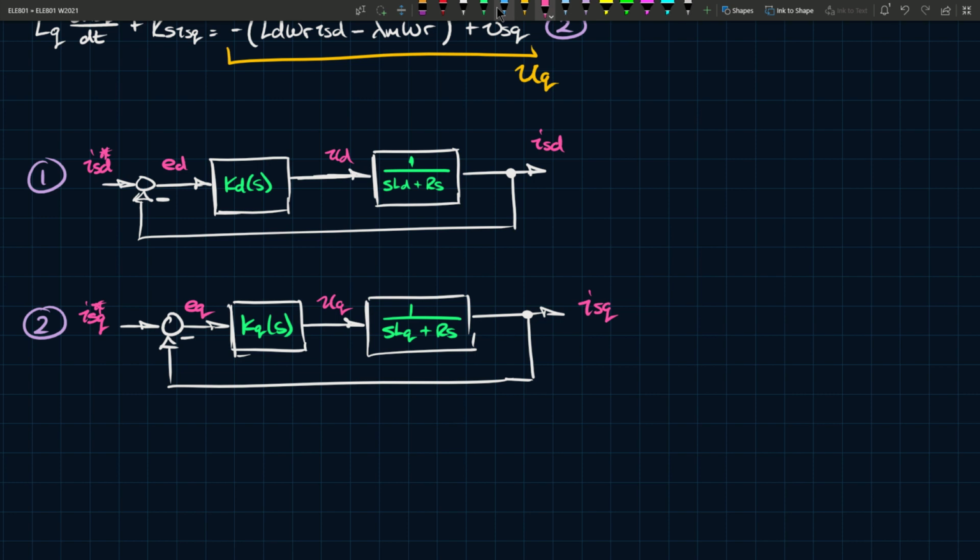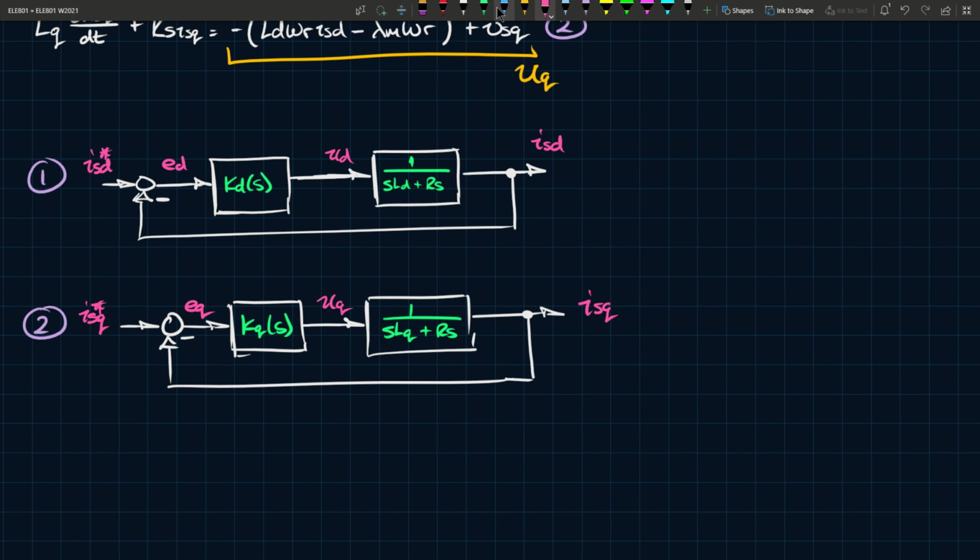If you actually want to track an AC quantity or an AC reference, you end up having to design much more complicated control functions, and so we save ourselves the trouble by applying these transformations. So again, KD and KQ can both be PI compensators.